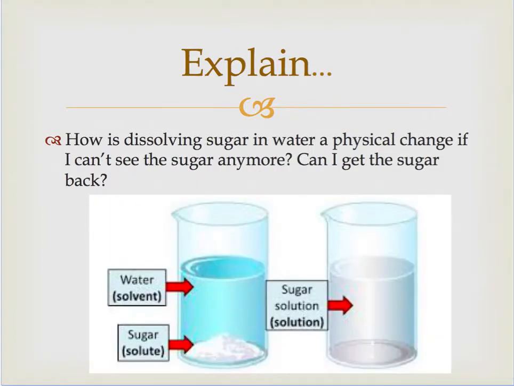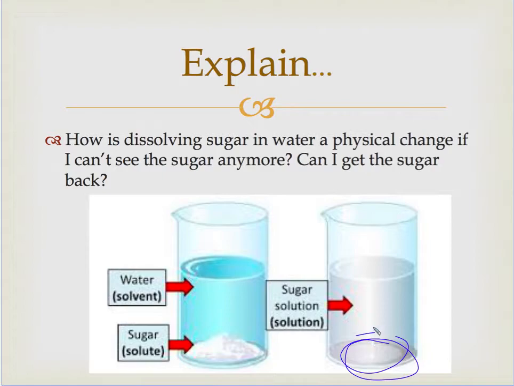But how is dissolving sugar in water a physical change? Because I don't have sugar anymore. I lost my sugar, didn't I? It disappeared. So can I get the sugar back is the question. If I have water that has sugar dissolved in it, how can I get my sugar back? One of the ways we can do this, we can put this water on a burner, on a heater, on a hot plate, and we can evaporate all of the water out, which will leave a bunch of burned sugar down at the bottom.